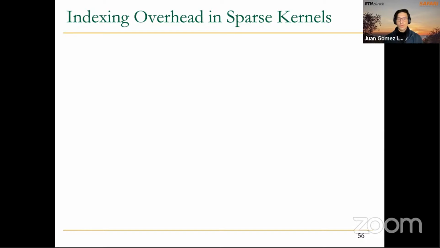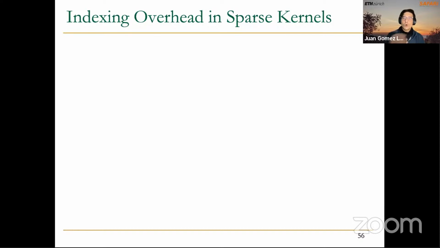Because when we are performing the SpMV operation or a sparse matrix multiplication, for example, we need to find where the specific elements of a row reside in memory. Because they are compressed, we don't have zeros, so accessing, let's say, element row 100, column 101 is not so straightforward anymore.